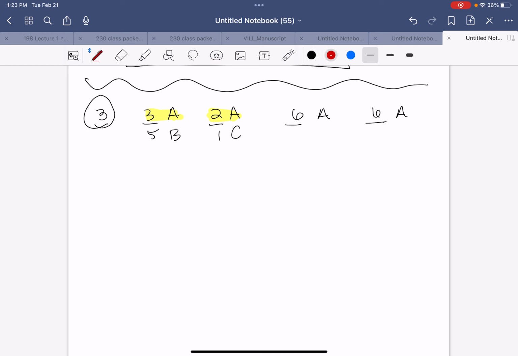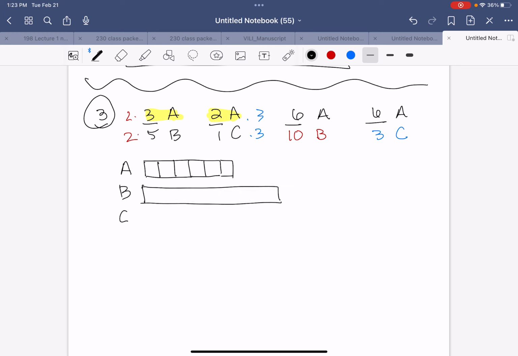That means we're multiplying this first one by 2 to get 10 for B. And we're multiplying the second one by 3 to get 3 for C. And that way when I set up my boxes for A, B, and C, A gets 6 boxes. B gets 10. And C gets 3.